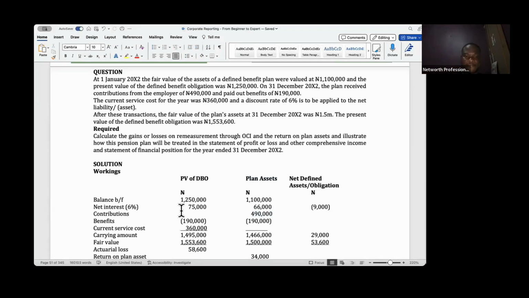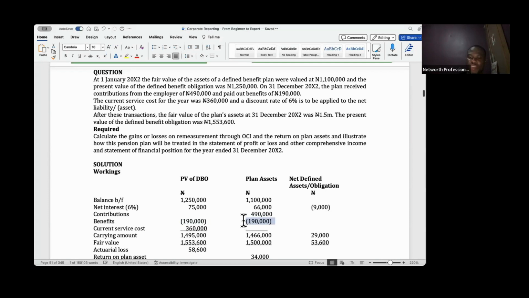Then the benefits. Back to the question. They told us that they paid out a benefit of 190,000. So benefits would erase my obligation because I will have paid it out from my plan asset.